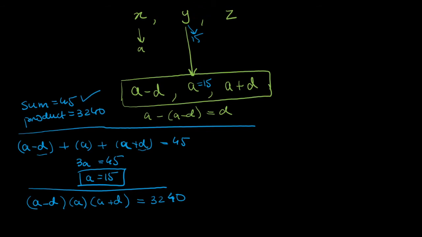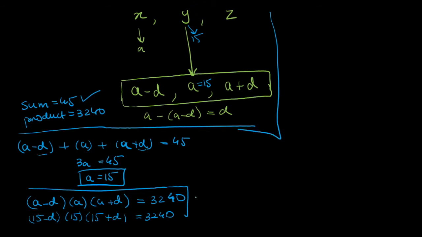Right? So now let's substitute 15 for a. So we get 15 minus d, 15, and 15 plus d is equal to 3,240. Let's take this right here.